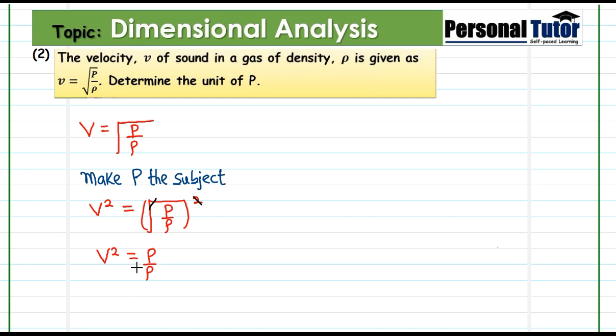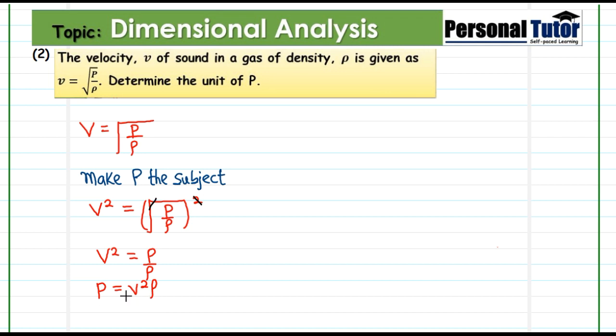From here, you could simply cross multiply, and P, when cross multiplied, will be P is equal to V square rho. So this is the subject of P, or the expression for P.